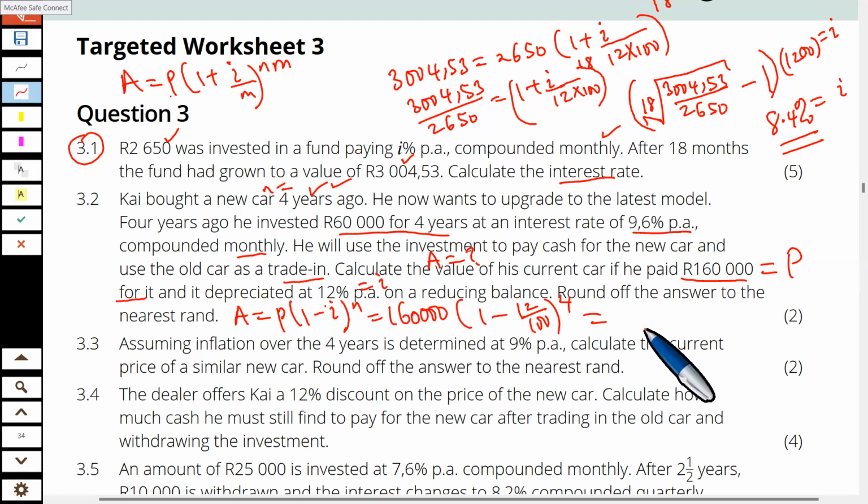So what I'm getting here is 95951, comma 2576. We get this.